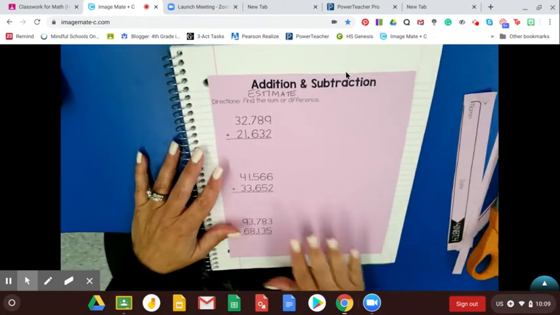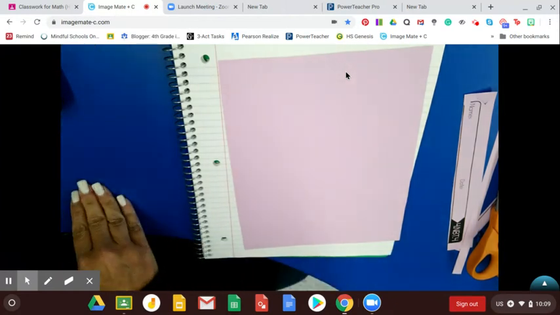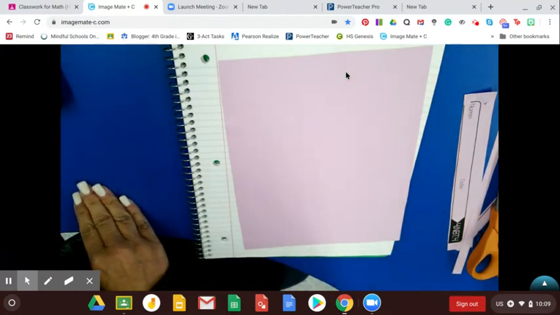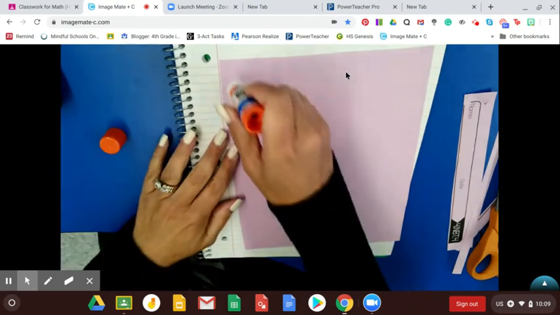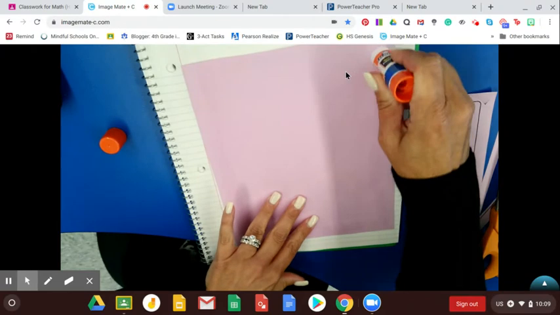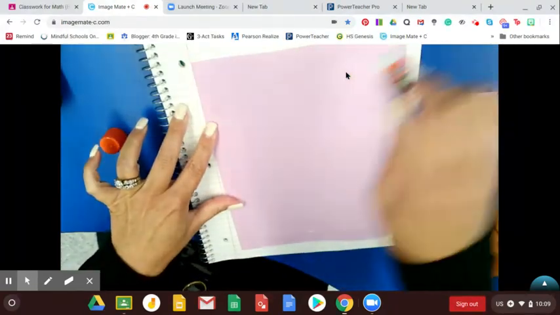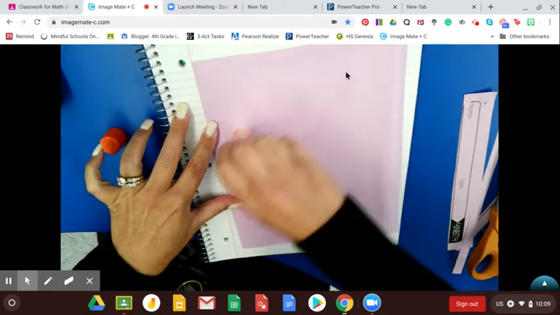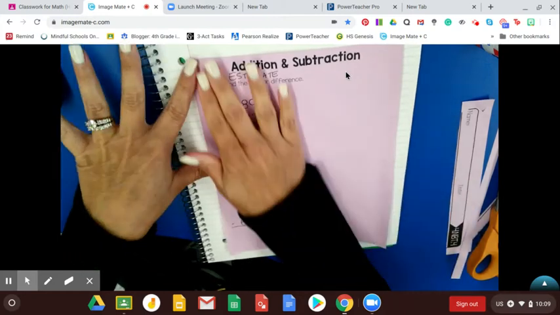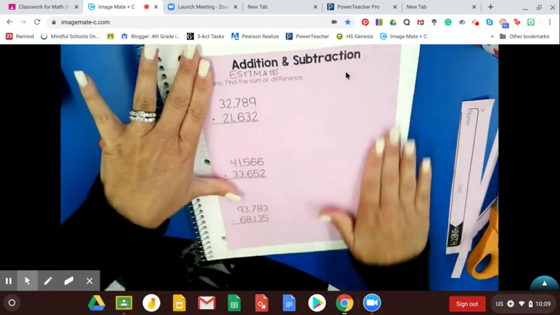All right. And now I'm going to glue that down. If I can find my glue stick. Alrighty. Gluing this baby down. Make sure you're pressing so it doesn't ever come back up.